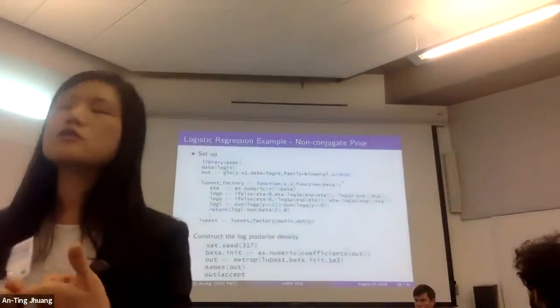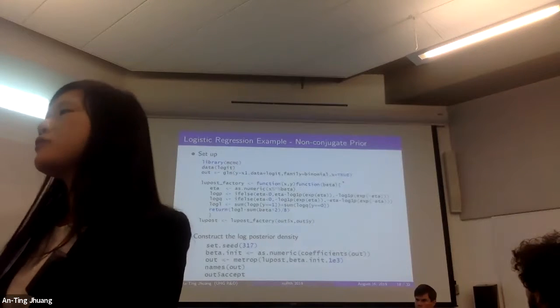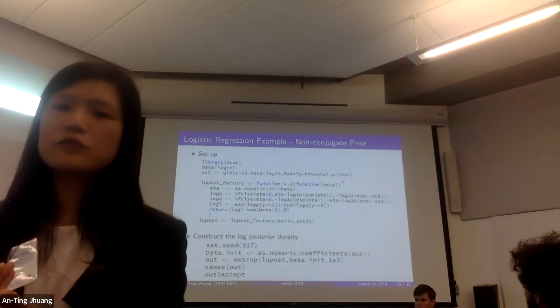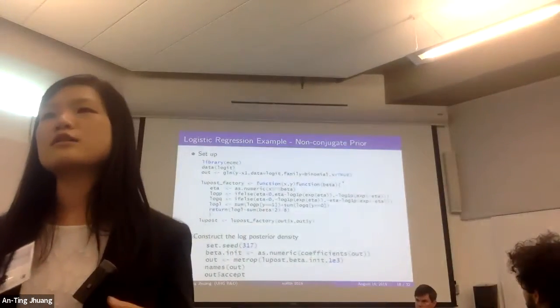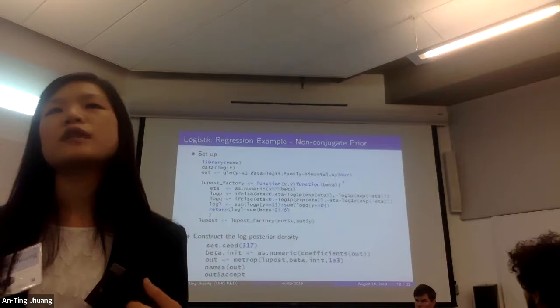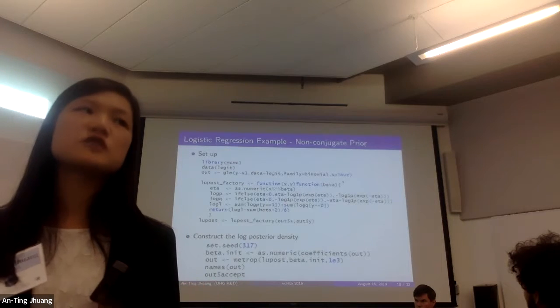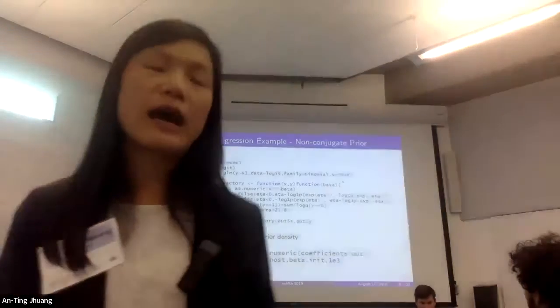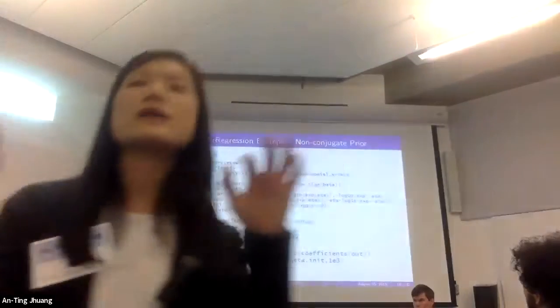You can choose initial values on your own, and you can choose many different values, but in my experience, the maximum likelihood estimates are usually good initial values to get a reasonable posterior sample. The middle chunk here, the log density of the posterior, is the way we specify the log posterior density.